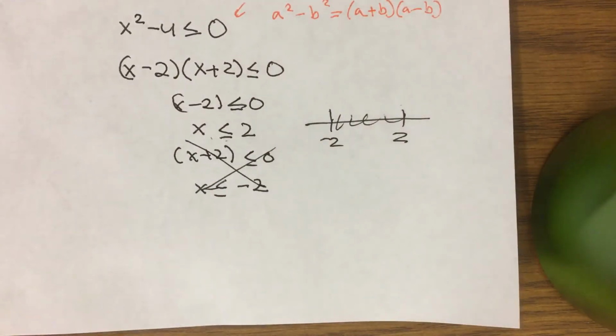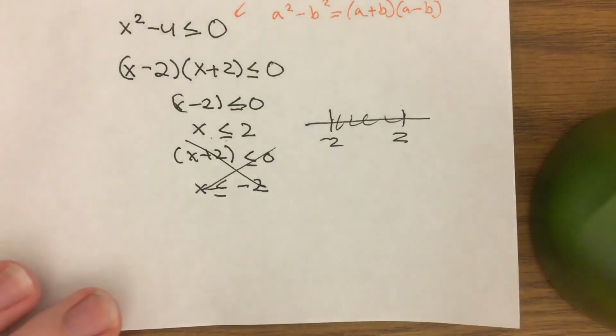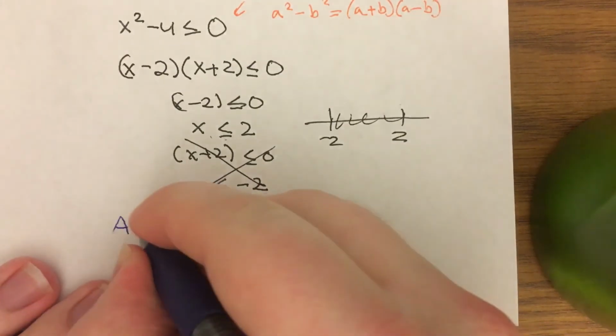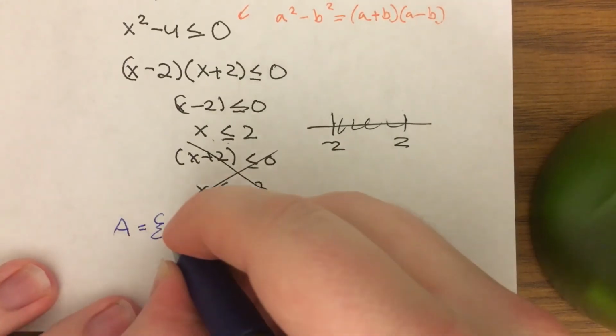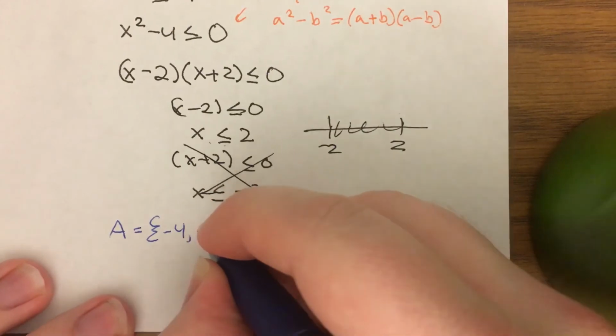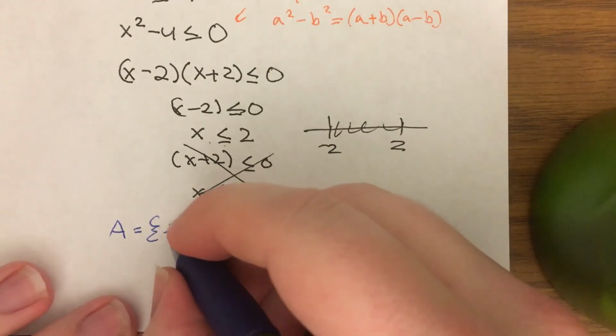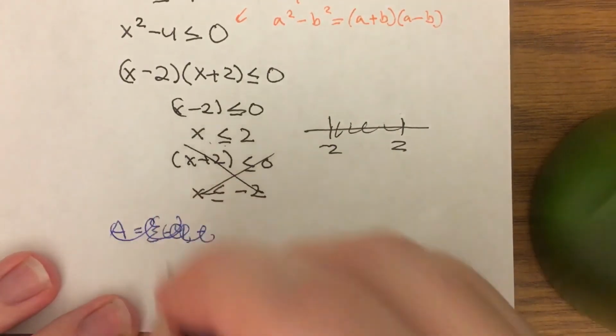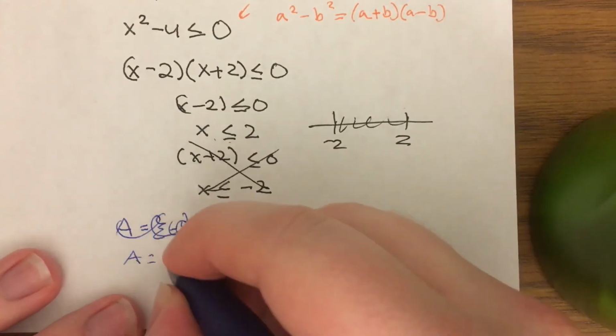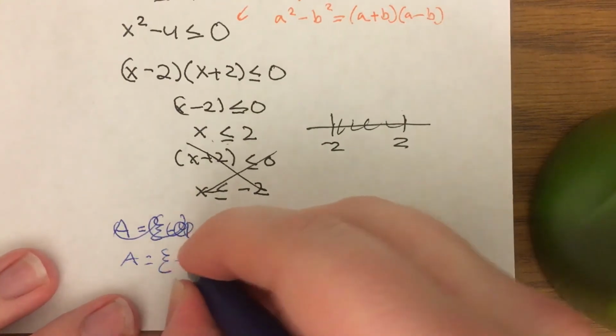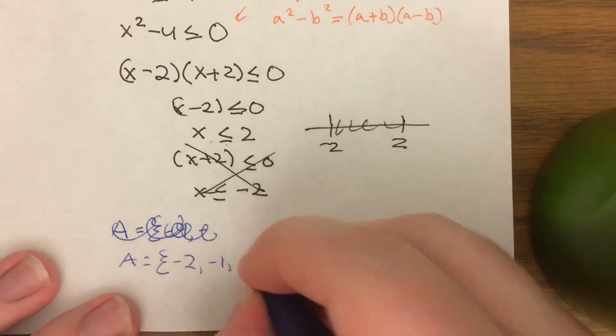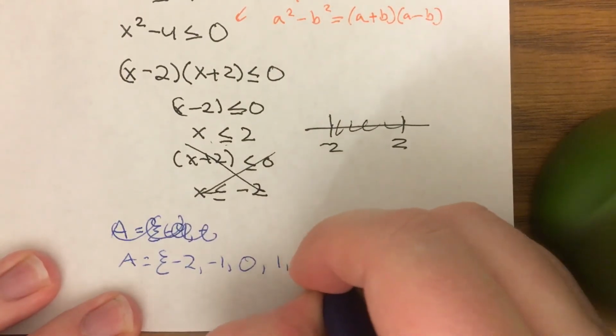So, now that we know the solutions, and since x was given to be an integer, we can say that, hey, A is the set of -2, -1, 0, 1, and 2.